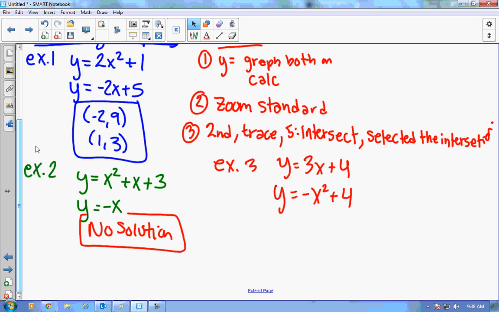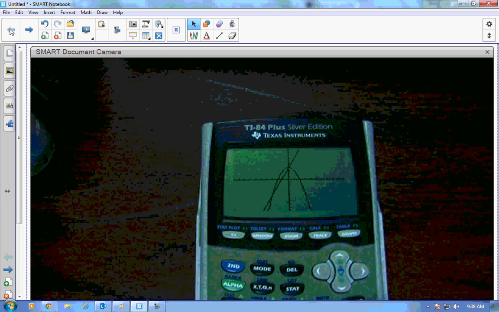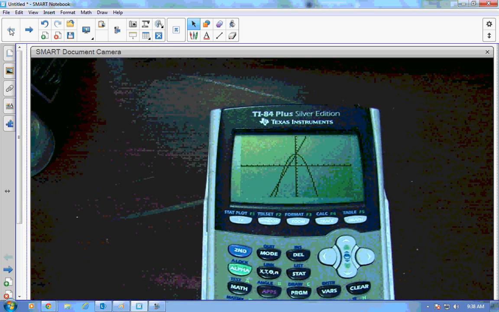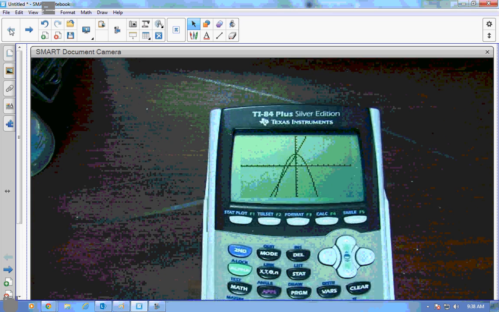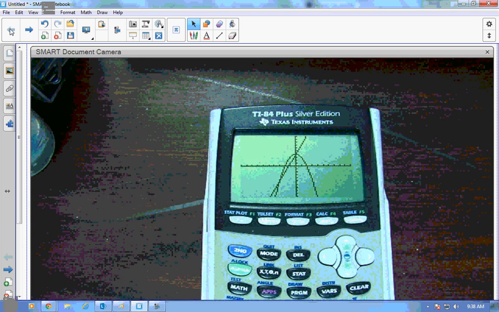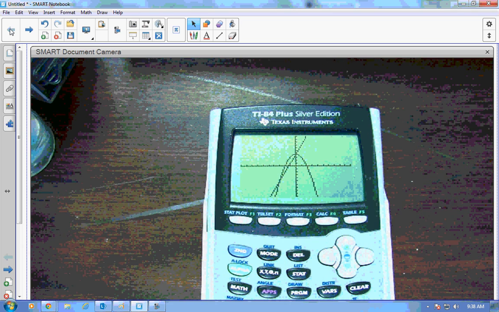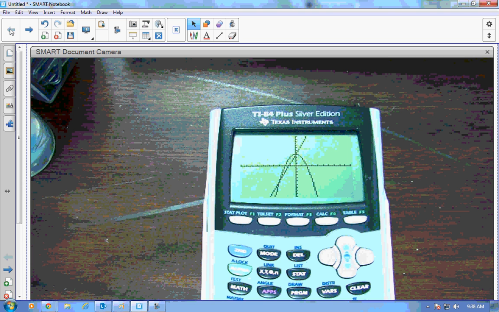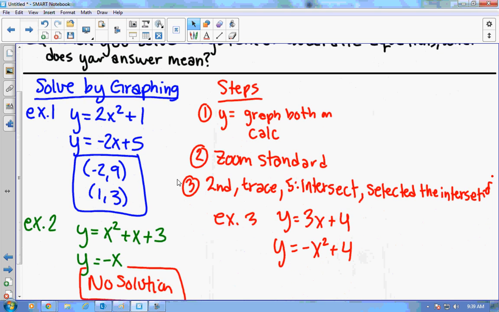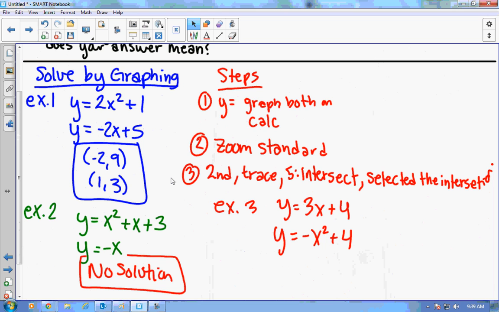Exactly, it's a tangent line. Is that how yours came out? So go through the steps twice to find those intersections.